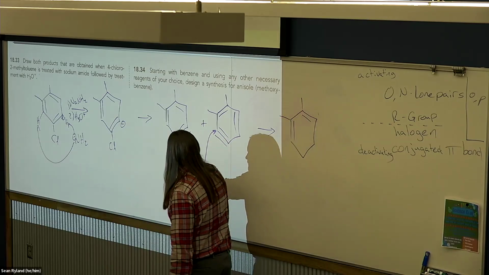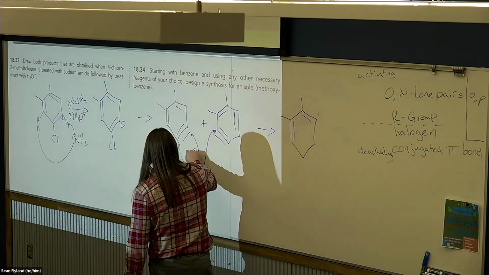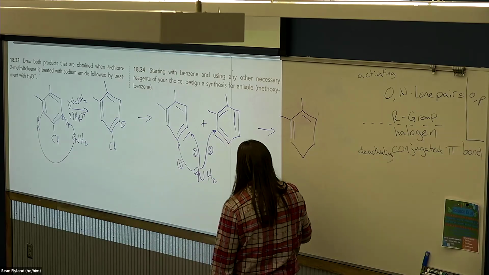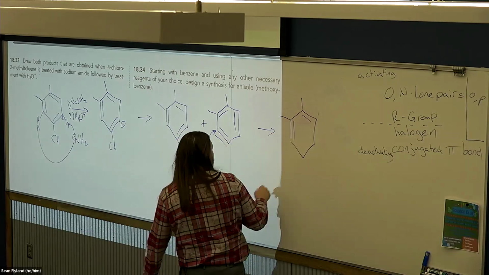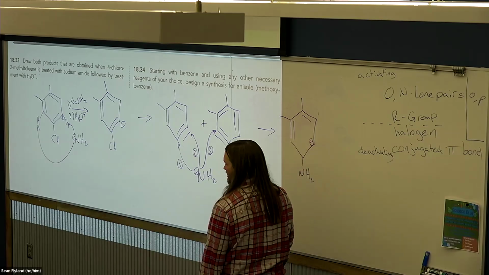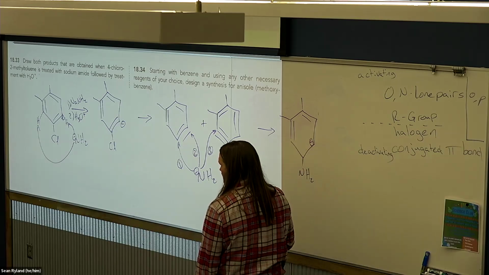So if we attack, I'm just going to label these arrows. Okay. So if we attack at arrow 1, put an NH2 here, it gives us a negative charge there, and we just do a proton transfer to protonate it.